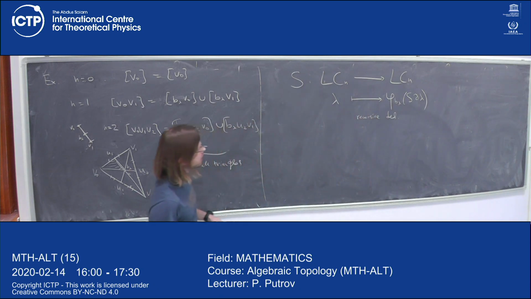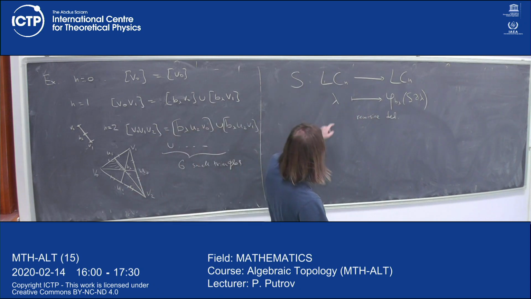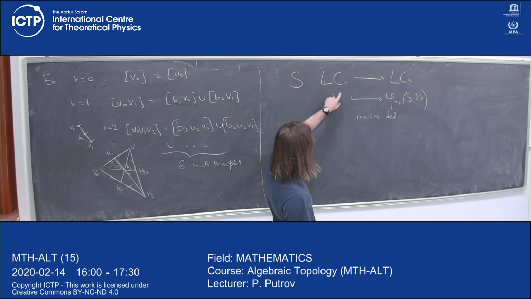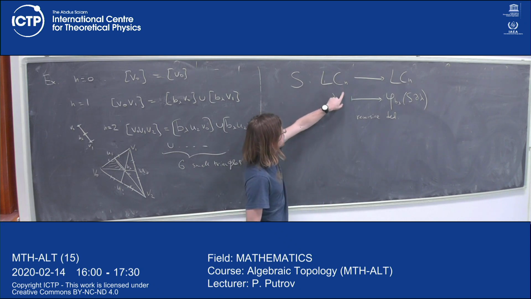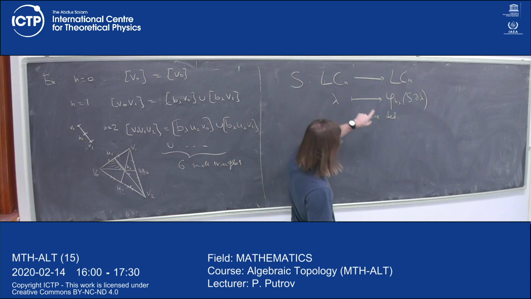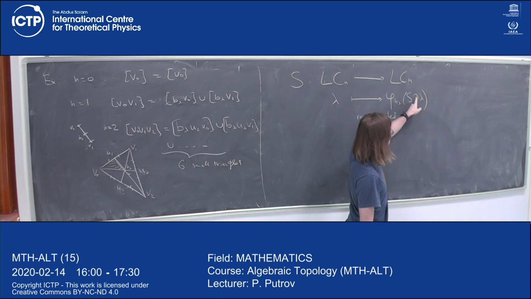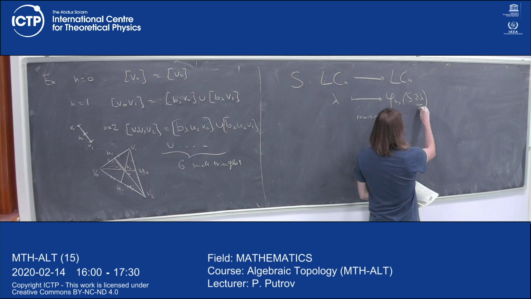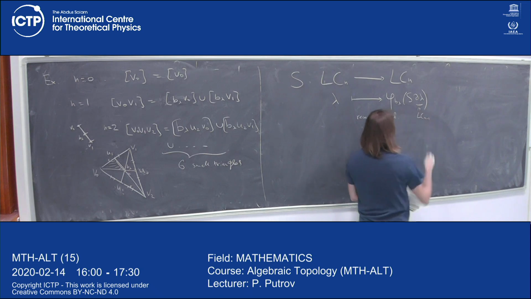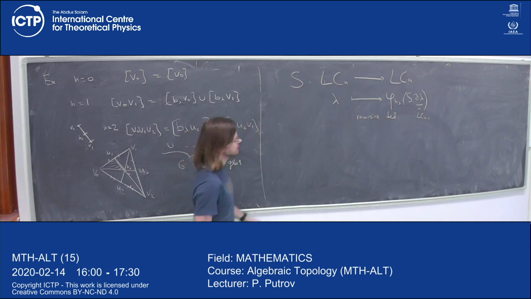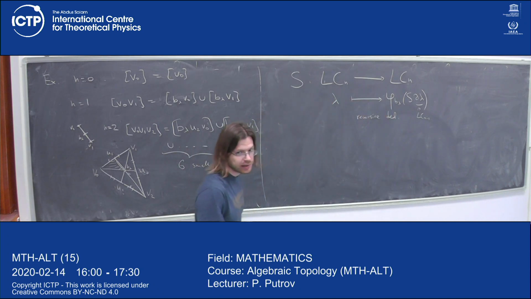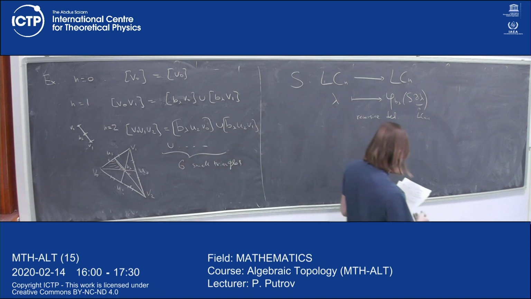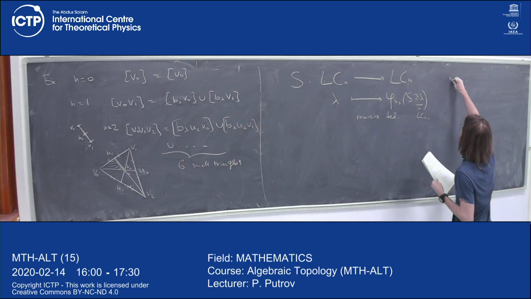Why is this okay? Suppose lambda is in LCn, and I already know how to act on lambdas from LCn-1. Then I can calculate the action on lambda from LCn, because d of lambda is something in LCn-1. If I know how S acts on LCn-1, I know how it acts on LCn.